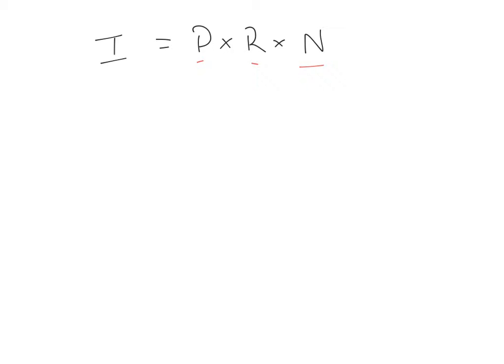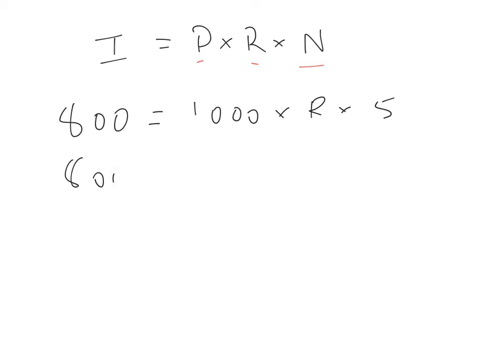So let's say our account earned $800 interest when we started with $1,000, and it took 5 years. This question is asking us what the rate is. So to find the rate, you just simplify the other two numbers.